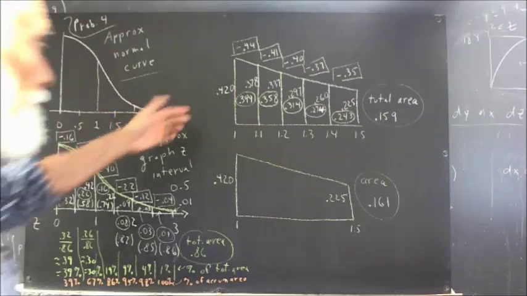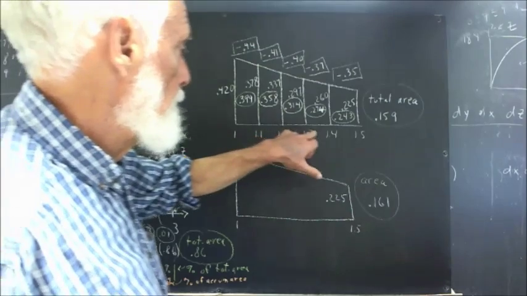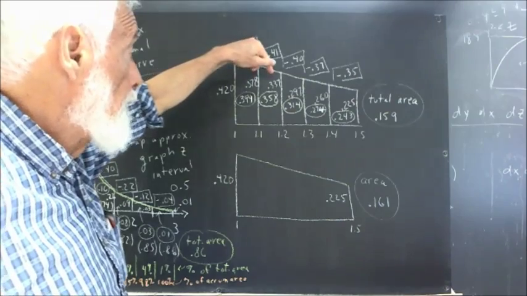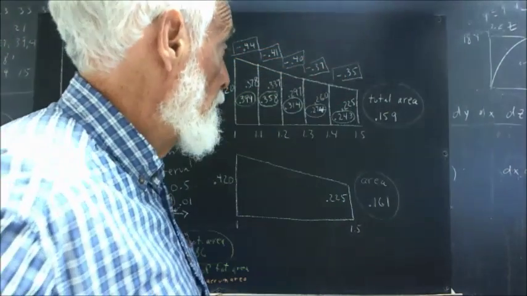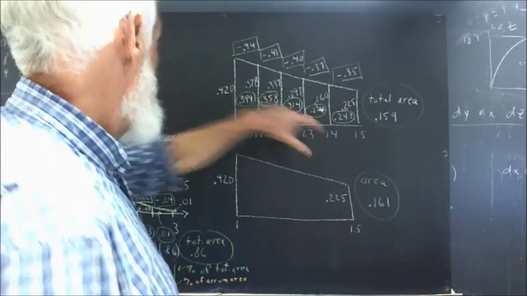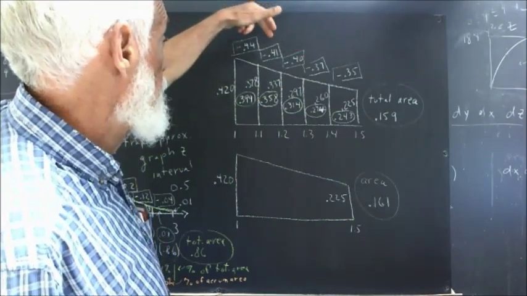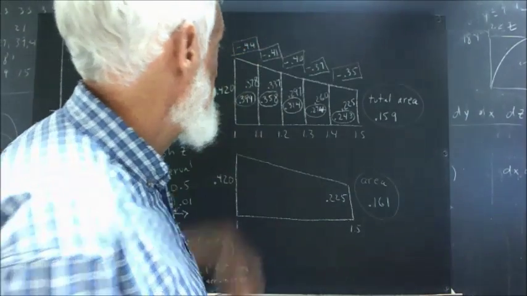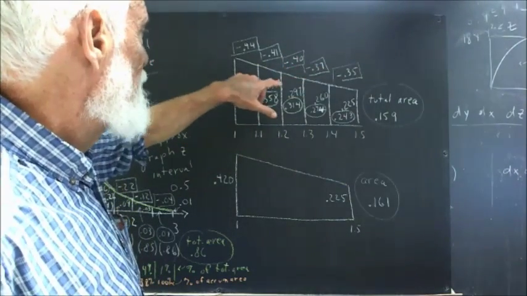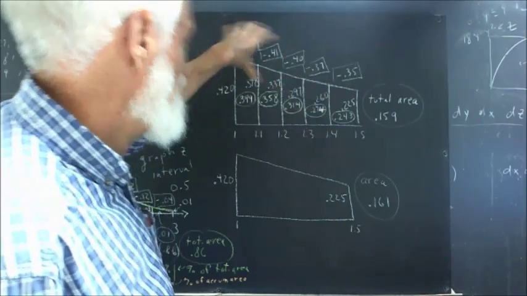The refined values as they're given are 0.420 at 1, and then at 1.1, 1.2, 1.3, 1.4, 1.5. You can read it yourself from the table. You got 0.378, 0.337, etc., down to 0.225. You can verify that the slopes that result from these numbers are as indicated: negative 0.44, negative 0.41, negative 0.40, etc. And that progression doesn't look, you go down by 0.03 here, then 0.01 here, then 0.03, then 0.02.